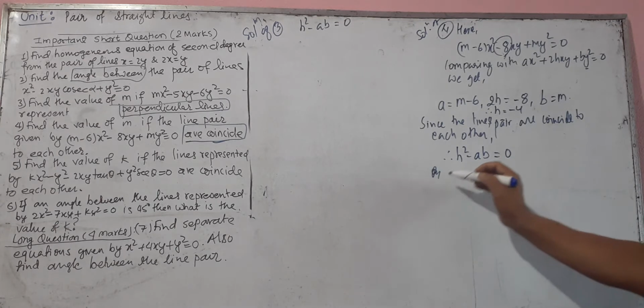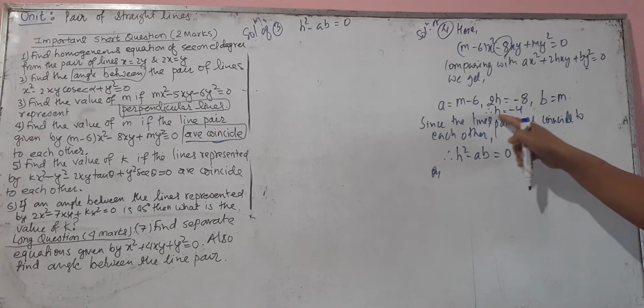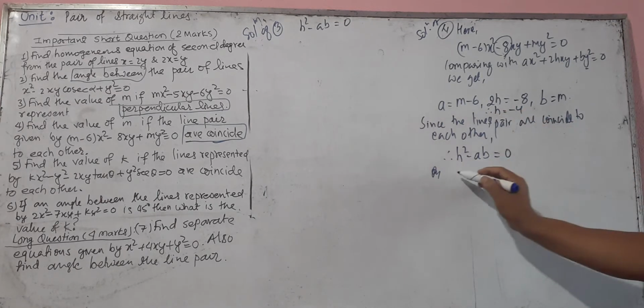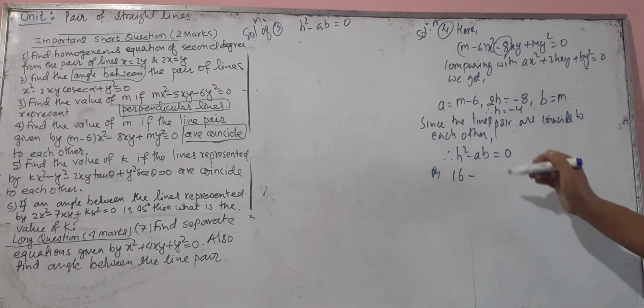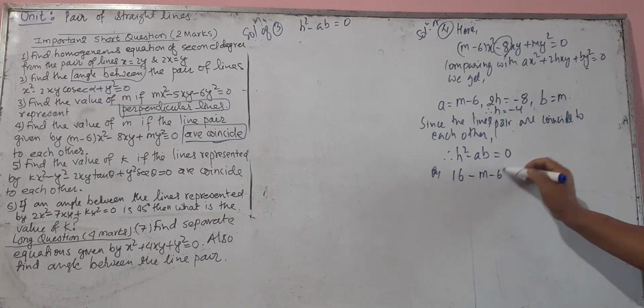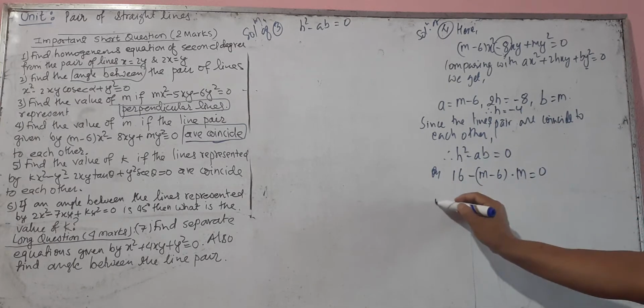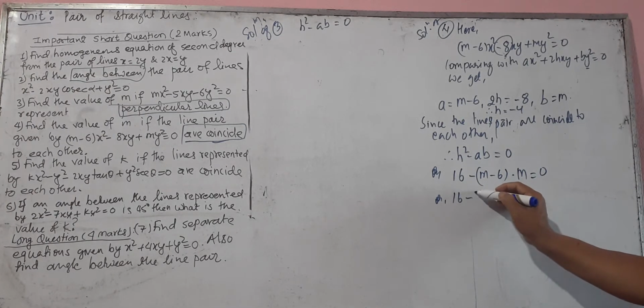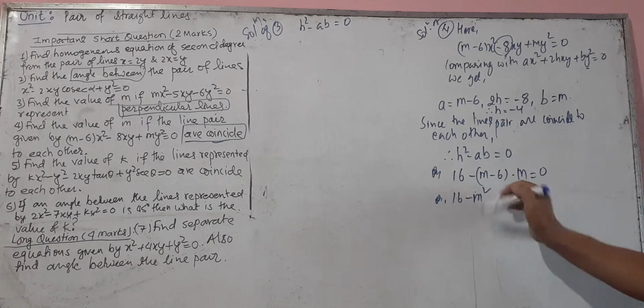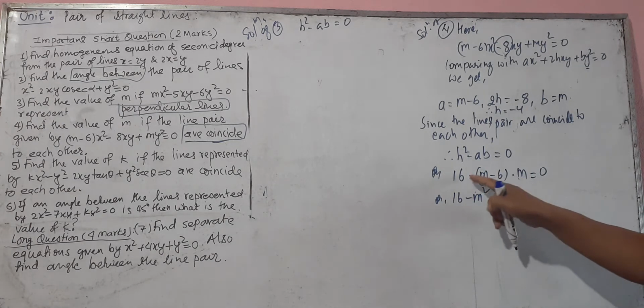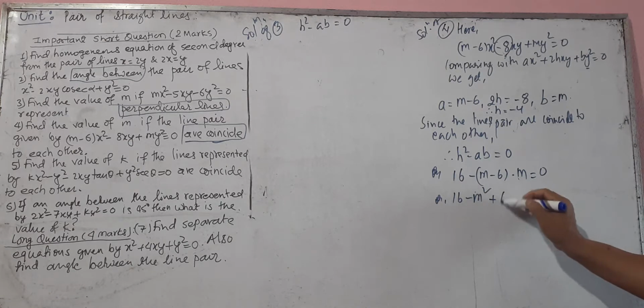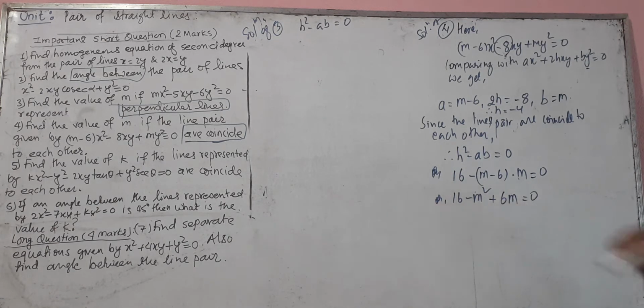Now putting the value of h square, the value of h is minus 4, the square of h is 16. The value of a is m minus 6 and the value of b is m. So now we get 16 minus m times m minus 6 equal to 0, that is 16 minus m square plus 6m equal to 0.